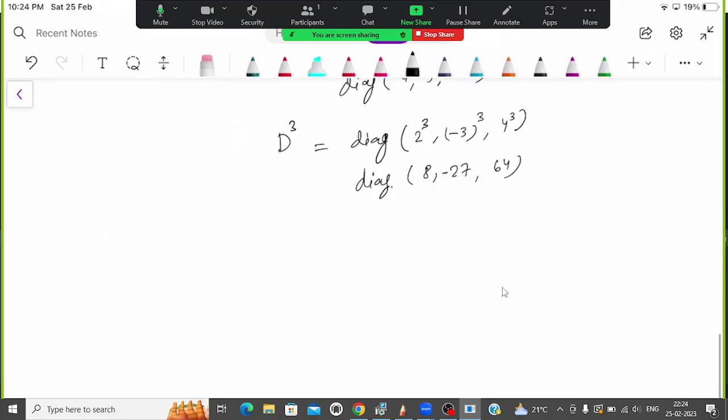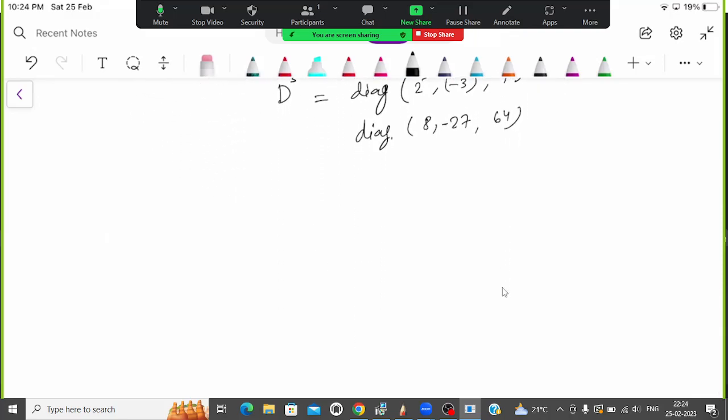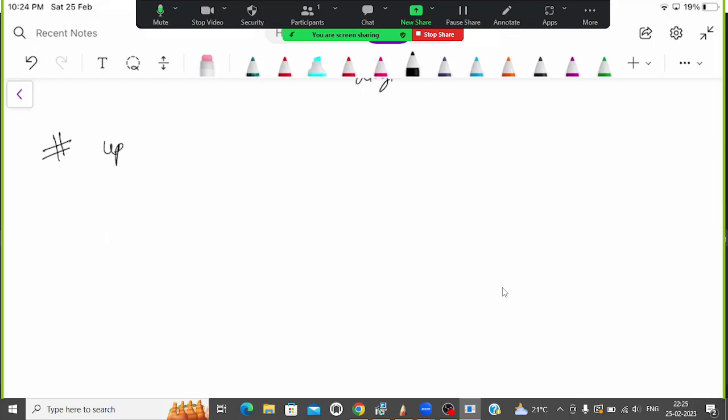Now we'll see the upper triangular matrix.